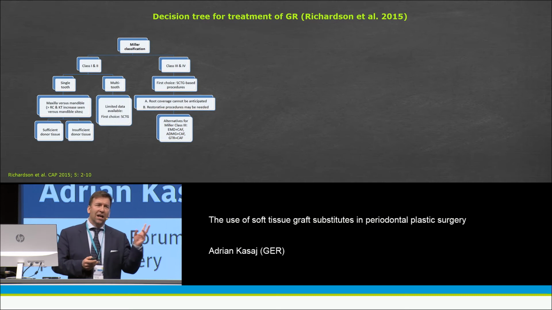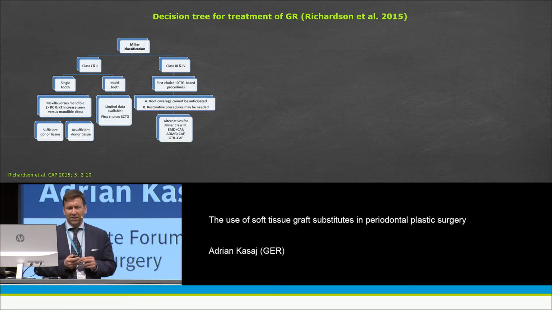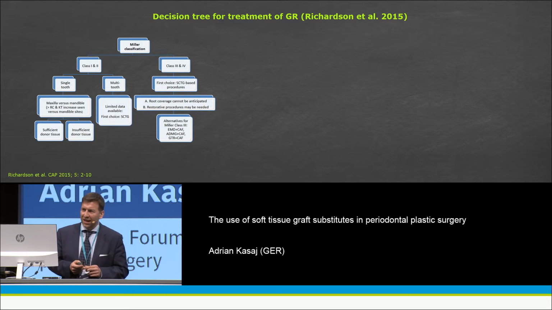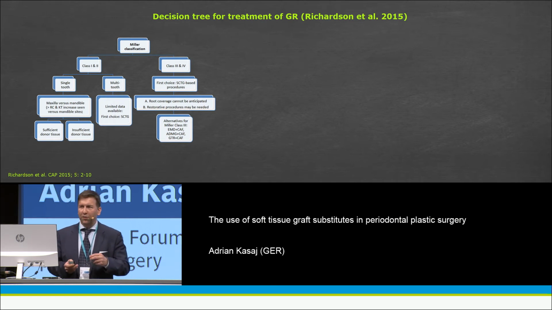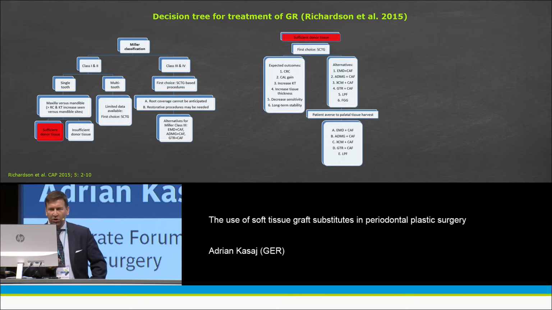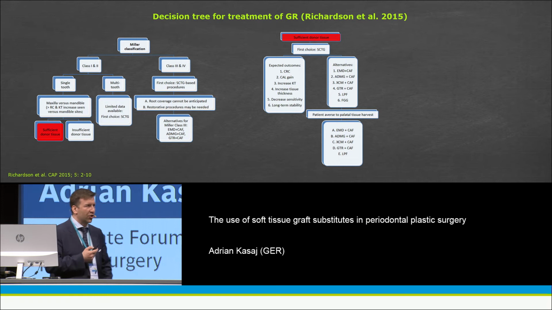And if you can take a look at this very new decision tree for the treatment of gingival recession, it's the newest one from Richardson and co-workers, and this is the first decision tree based on the availability of the autogenous donor tissue at the palate. So it states when you have sufficient donor tissue, yes, still the first choice is the autogenous connective tissue graft, but you see you have some alternatives.